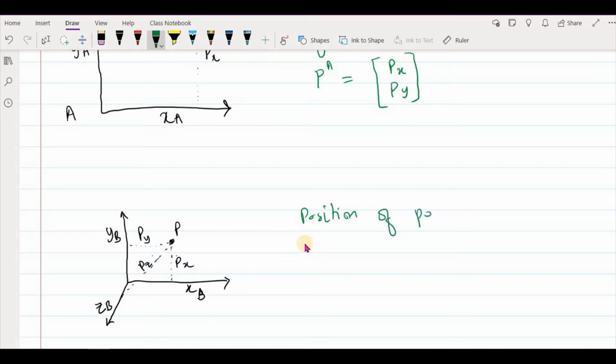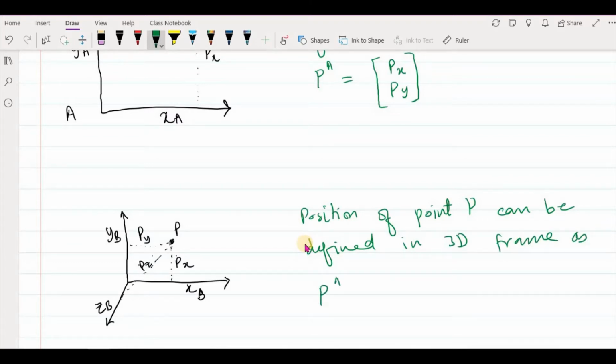The position of point P can be defined in a 3D frame as, so we shall use P of B. Keep in mind that the frame name comes at this position.